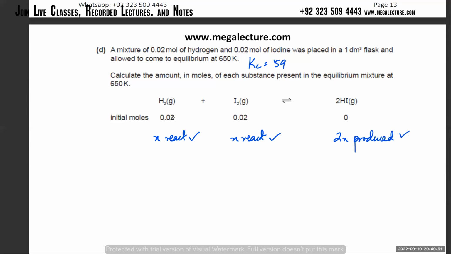So your equilibrium moles will be 0.02 minus X for H2, and also 0.02 minus X for I2. The HI moles were 0 initially, now you've got 2X getting produced. So you got 2X moles. Is that clear?